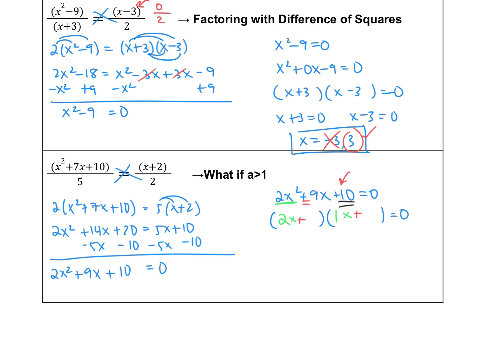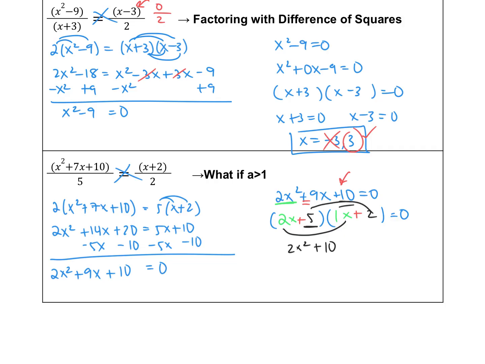What numbers multiply to 10? 5 and 2. Okay, we're going to have to take a guess as to which one we think should go first. Which one do you guys want to put here, the 5 or the 2? 5? So let's try 5. Okay, so this way we get our 2x squared. That's good. This way we get our 10.